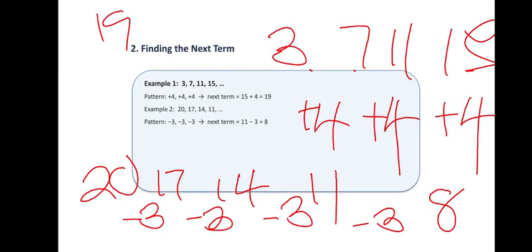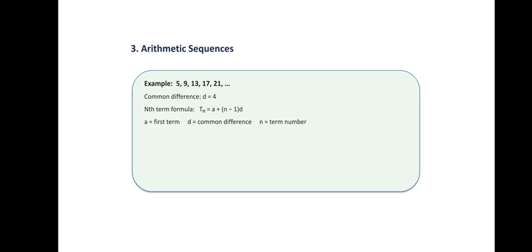Then we are going to move on to the types of sequences. So we've got what we call an arithmetic sequence. We say that an arithmetic sequence has the same difference between consecutive terms. So for example, in this case, to go from 5 to 9, from 9 to 13, from 13 to 17 to 21, the difference is the same.